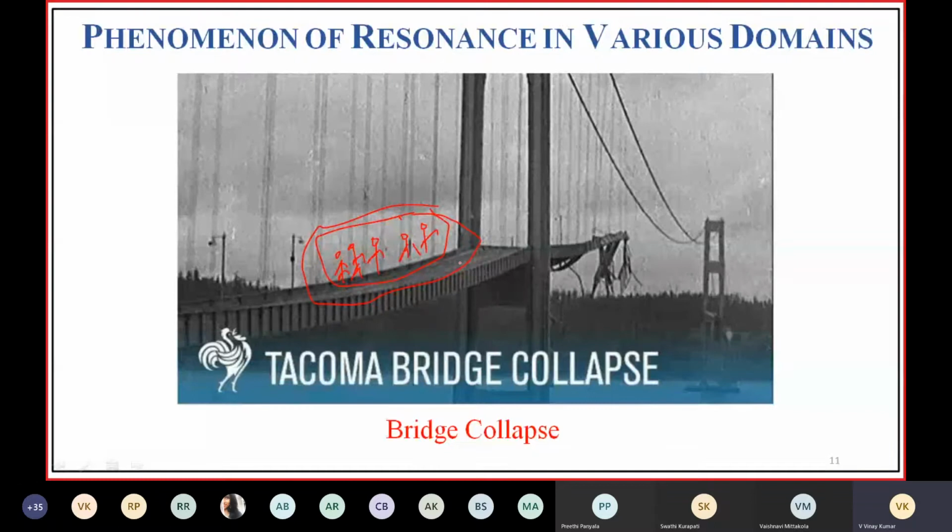If their synchronized footsteps resonate with the natural frequency of the bridge, then the bridge gets collapsed. It means if the frequency of marching matches the frequency of the bridge, then the bridge gets collapsed. This incident happened in France.